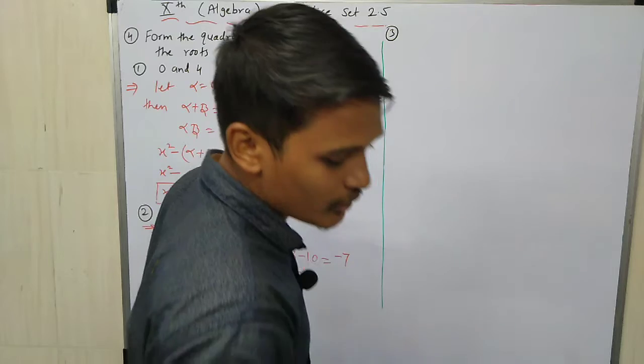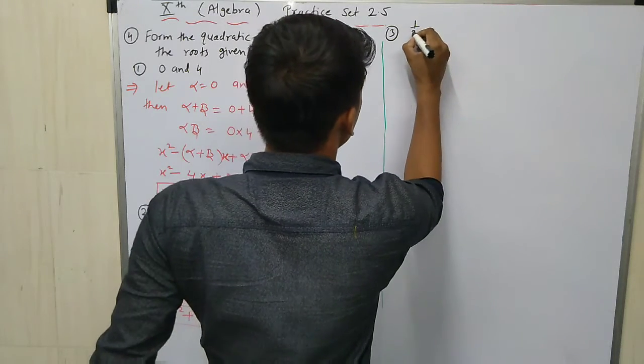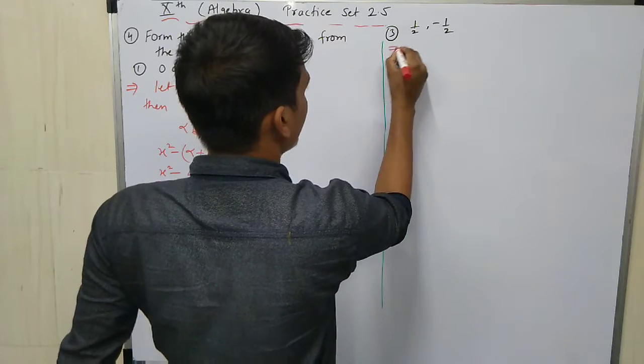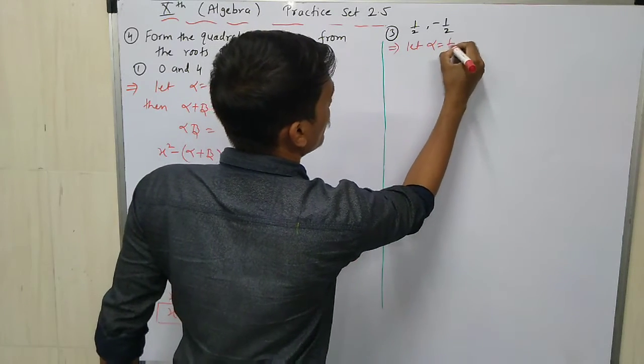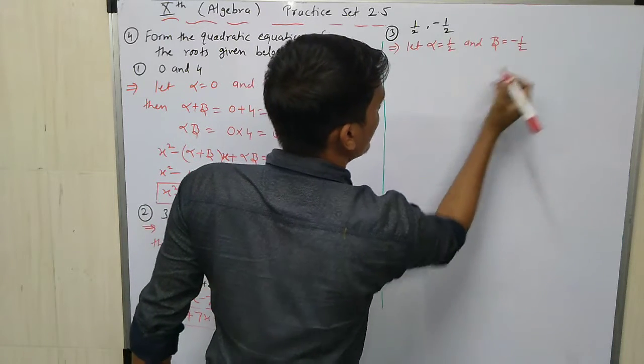Now the third question is 1 upon 2 and minus 1 upon 2. Same, let alpha is equal to 1 upon 2 and beta is equal to minus 1 upon 2.